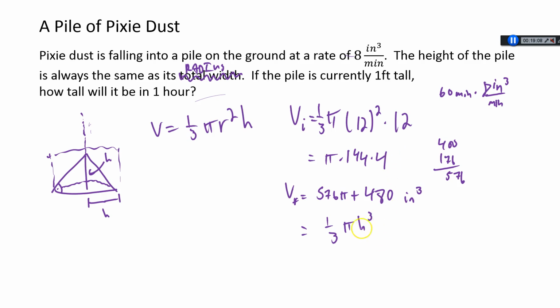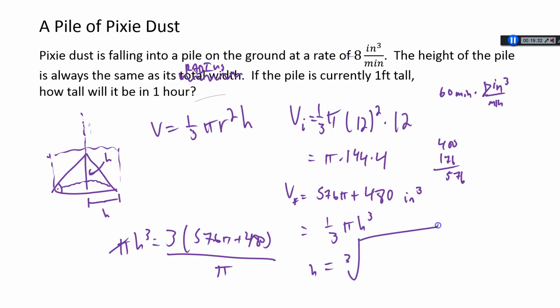We'll multiply both sides by 3, so we have 3 times (576 pi plus 480). Then we'll divide by pi, so that's gone. And then we take the cube root. So h is going to be the cube root of 3 times (576 pi plus 480), all divided by pi.